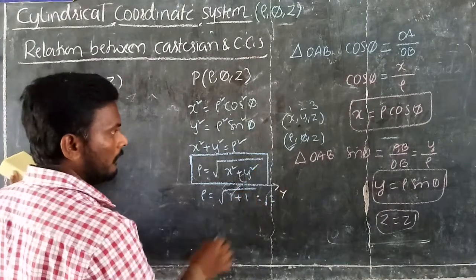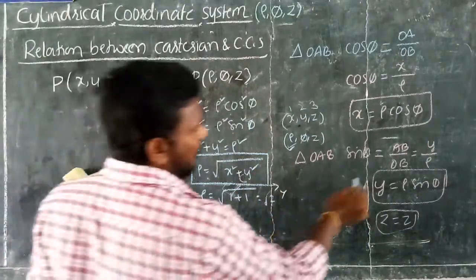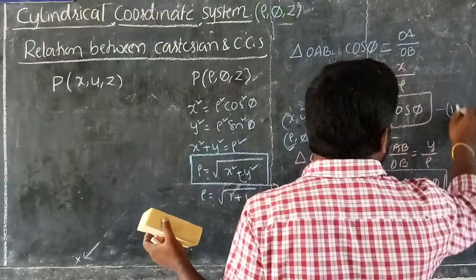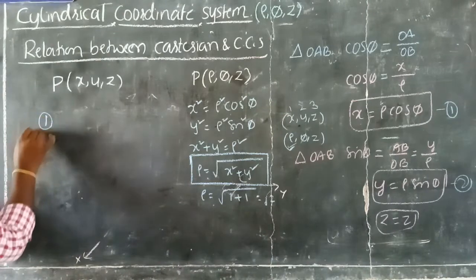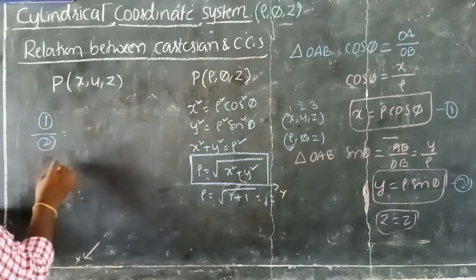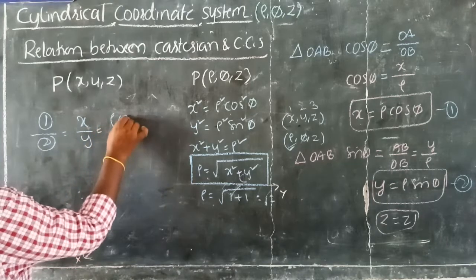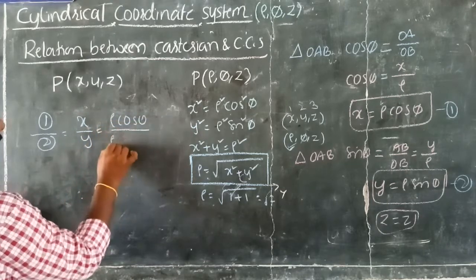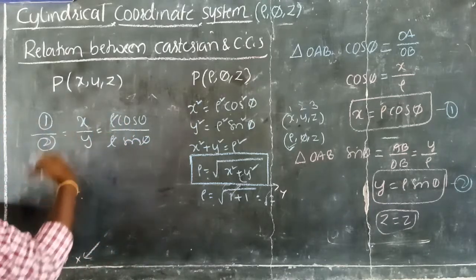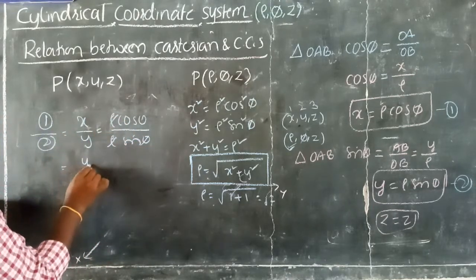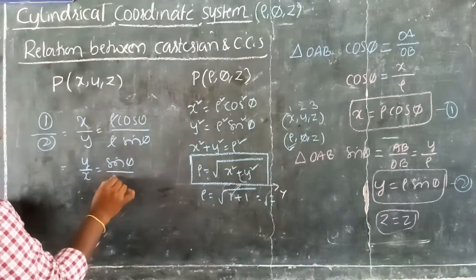But what about phi? To get the phi value, just divide equation 1 and equation 2. So what will you get? y by x is equal to rho sin phi by rho cos phi. Rho gets cancelled. So y by x is equal to sin phi by cos phi.